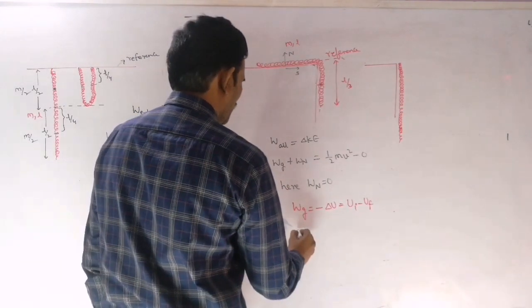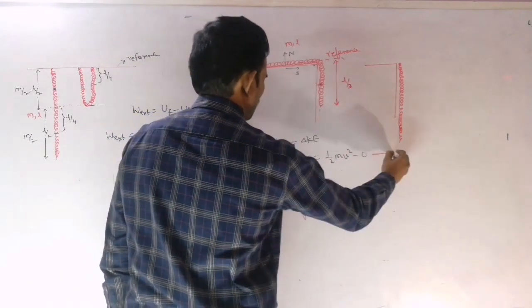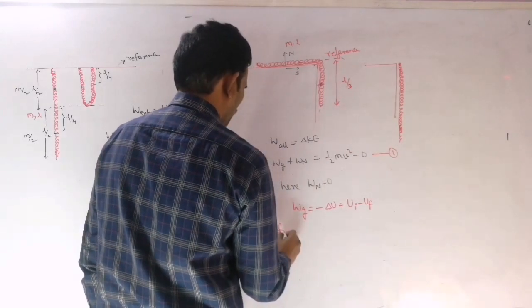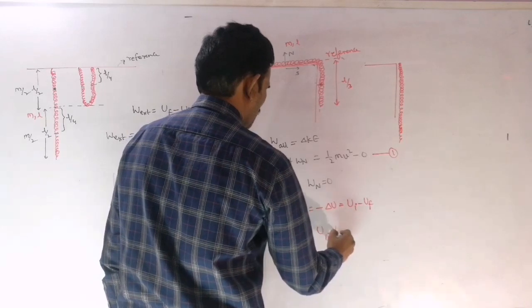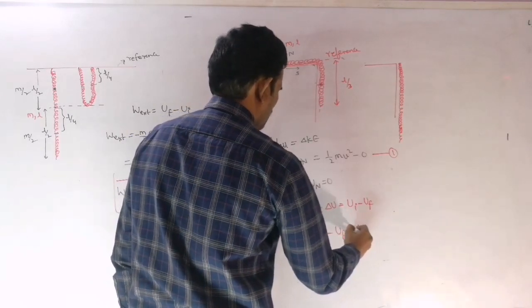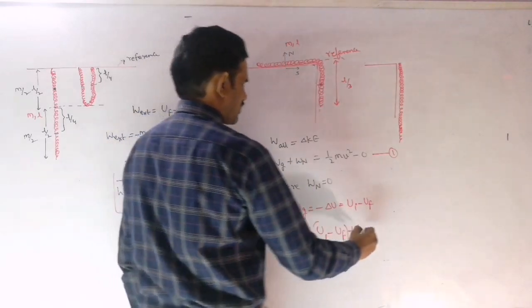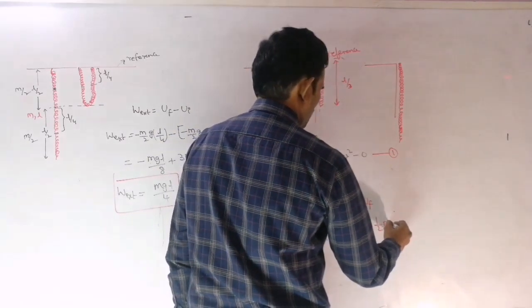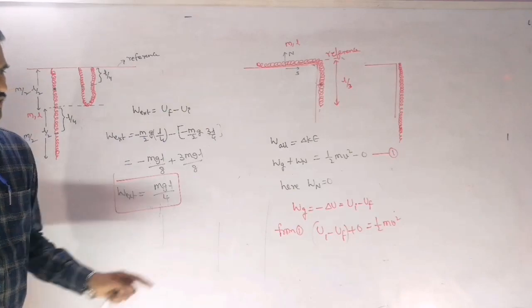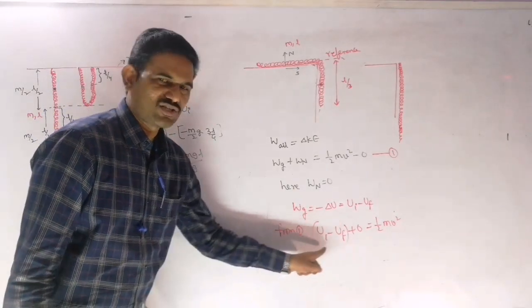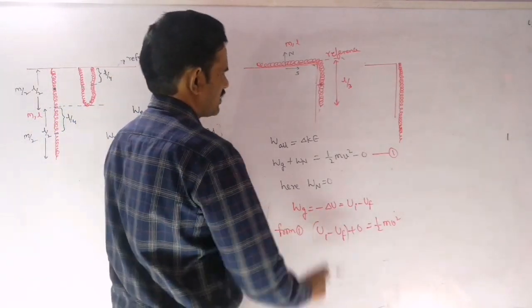Suppose this is equation 1. Therefore from equation 1 we can write U initial minus U final plus 0, the work done by the gravity plus work done by the normal reaction, is equal to half mv square. Now we substitute the initial and final potential energy.